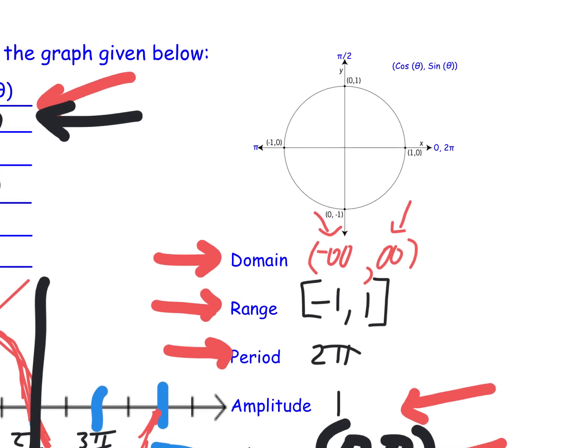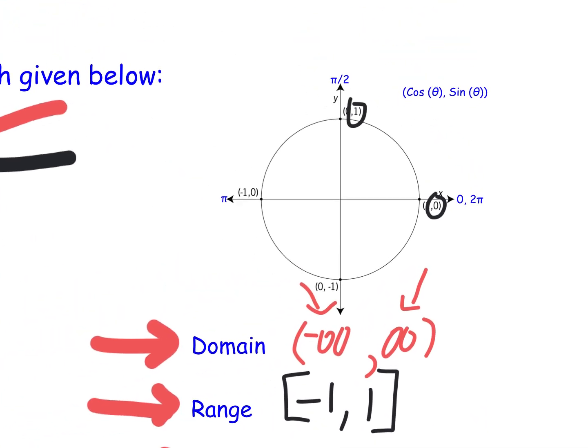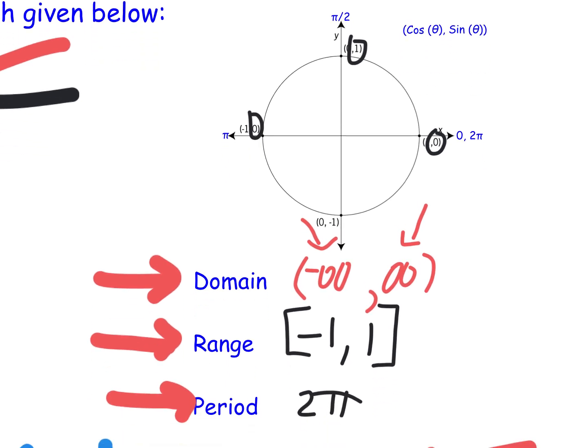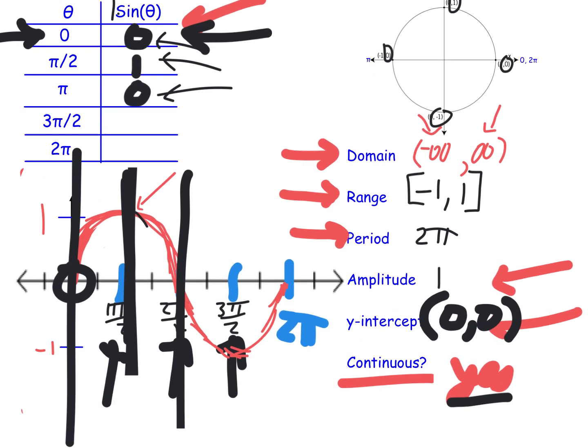Isn't that kind of like this? Yes, it is. Sine is the y. 0 to 1 to 0 to negative 1. 0 to 1 to 0. Well, what's it going to next? It's going right here, and it's going to negative 1. And at 2 pi, right there, it's back to 0 again.